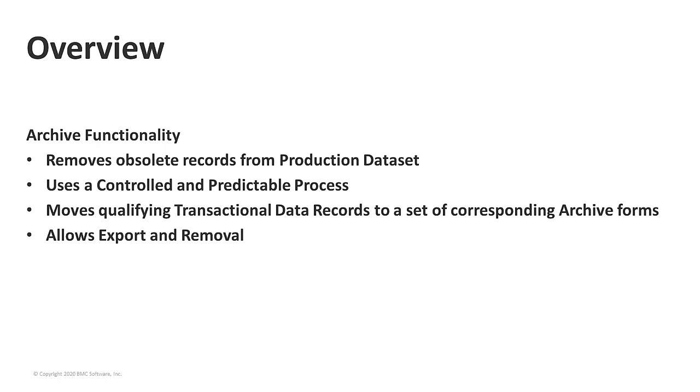Archive operation will move qualifying transactional data from main form to corresponding archive form. Archive operation is low resource and not critical, so expected to run continuously in order to keep up with the queue. First time archiving will take longer time depending on the data, hence recommended to run during off-business hours.